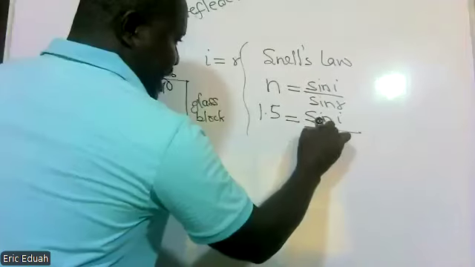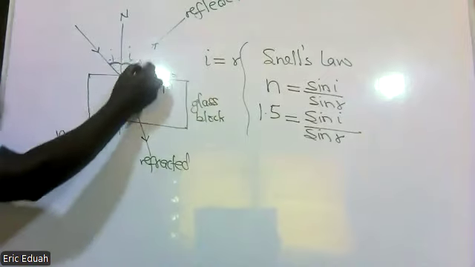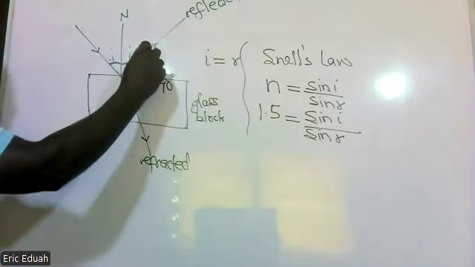So we are looking for sine R. The angle between the reflected and the refracted is 90.